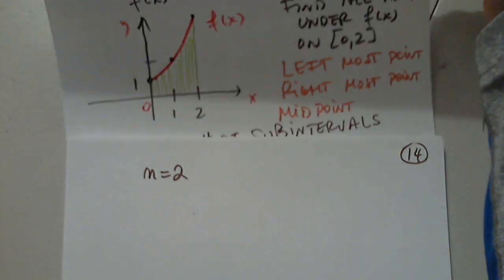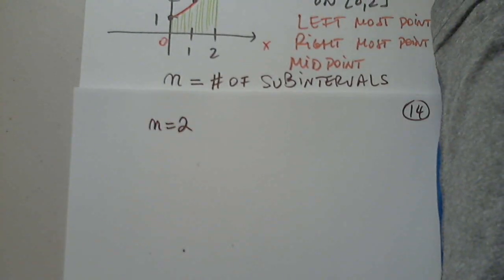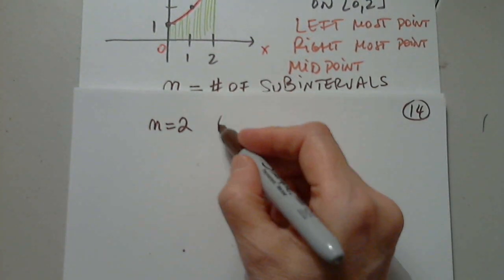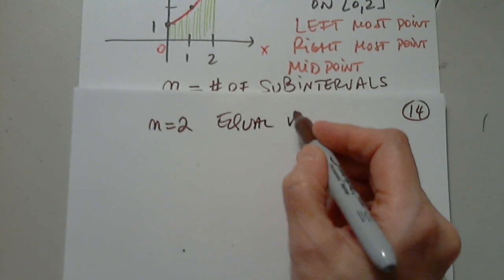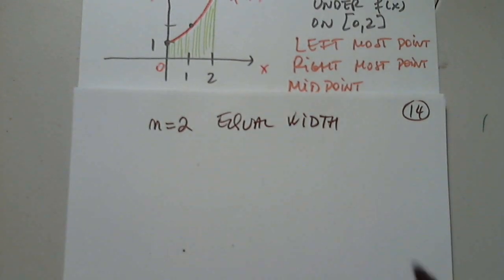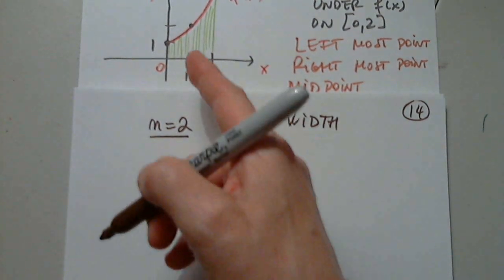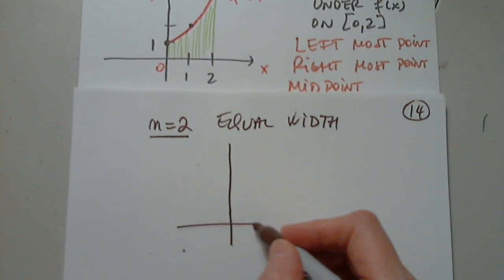Yes, we can use subintervals with different width, but here they will always be equal width. Okay, with n equals 2. So the graph, I don't want to go back there. I'll graph it again.